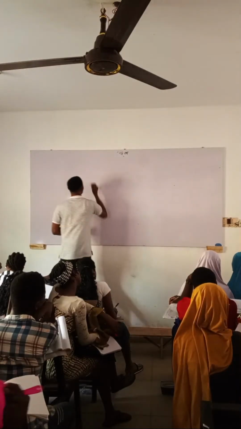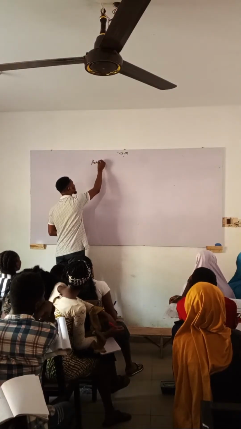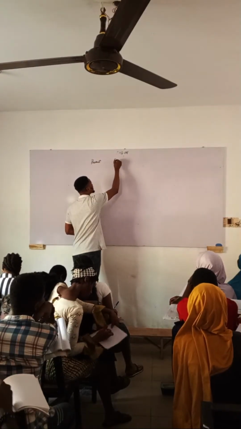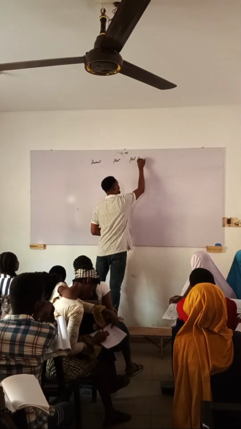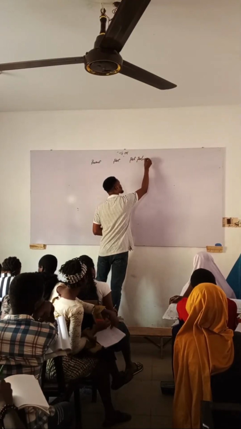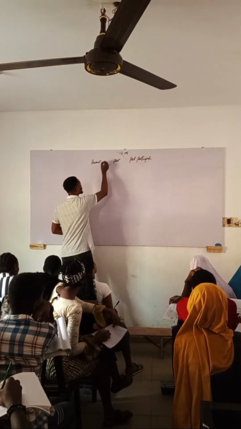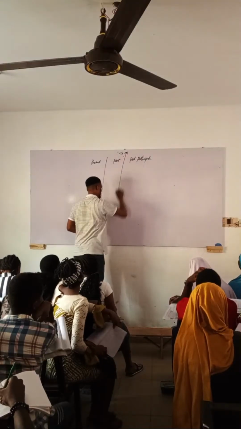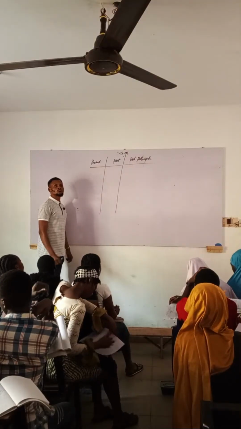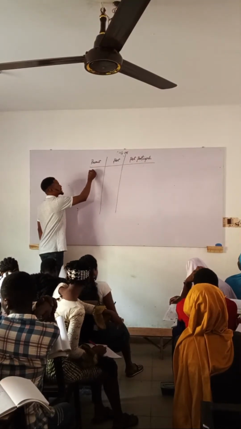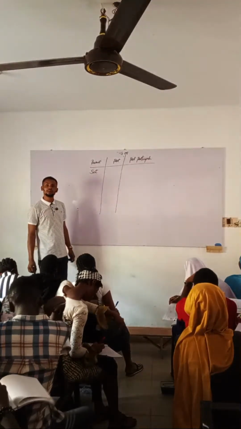So let's begin: present, past, and what? Past participle. So in words such as set, what class of word is this, everyone?